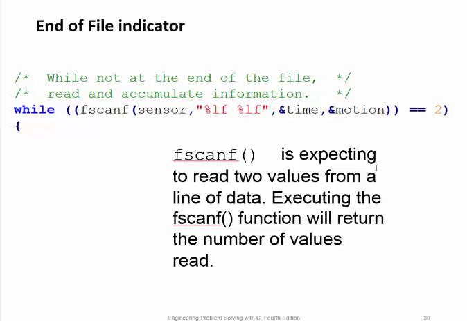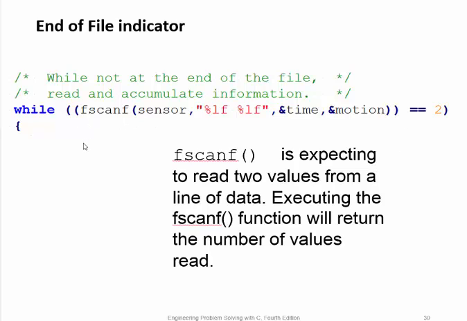So my fscanf function is expecting to read 2 values at a time from each line of data. If you do not read 2 values, then you will get a null.